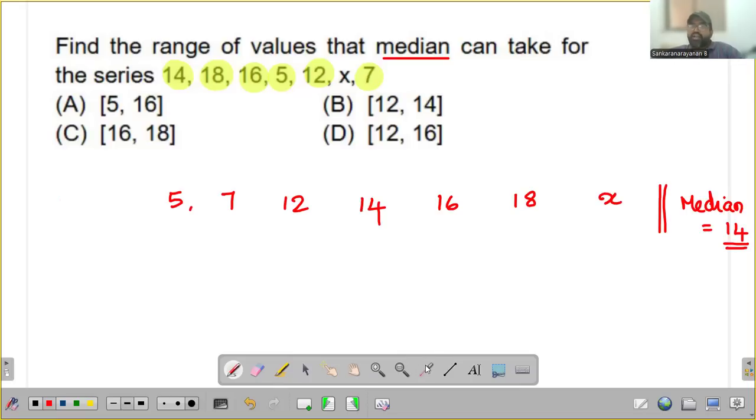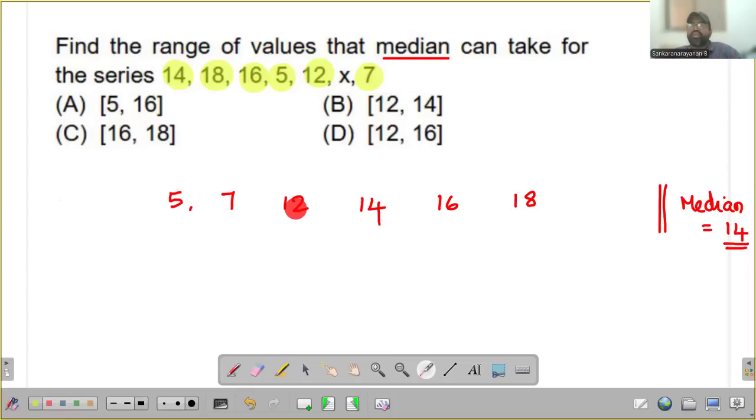Got the point? Now, in the same case, anywhere to the right side of 14, you can place this x. I'm just erasing that x. Just imagine I'm erasing it. If I place it here, or here, or here, the number of observations to the right side of 14 will be 3.